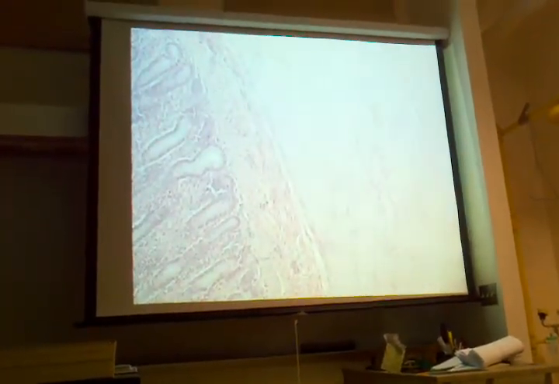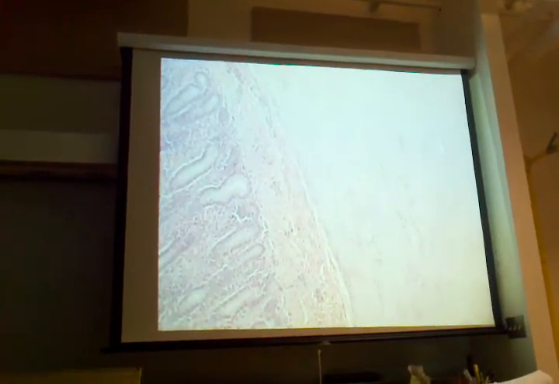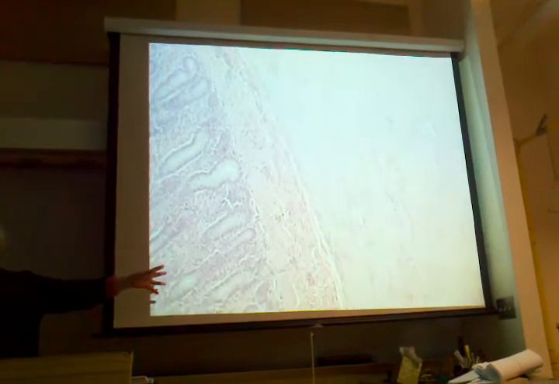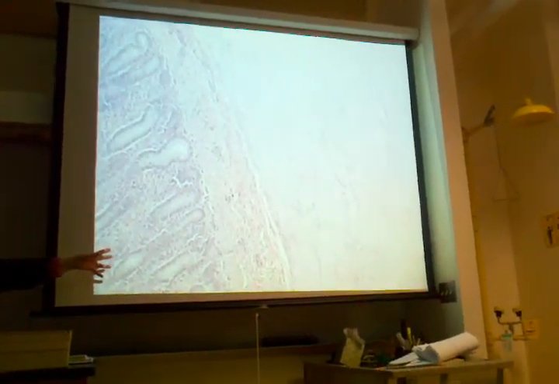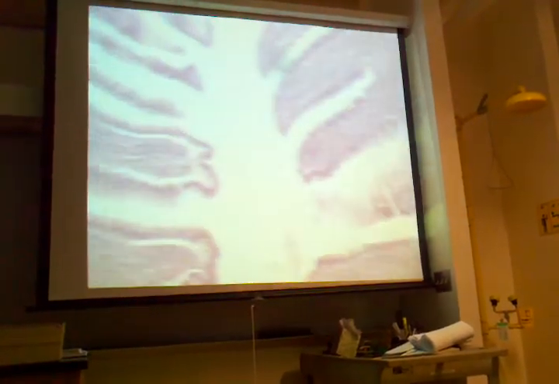You can't just look and say, well, that must be jejunum. Because on this side, it looks a whole lot like jejunum. You have to look at both sides, and here you find Peyer's patches, which are in the submucosal layer.